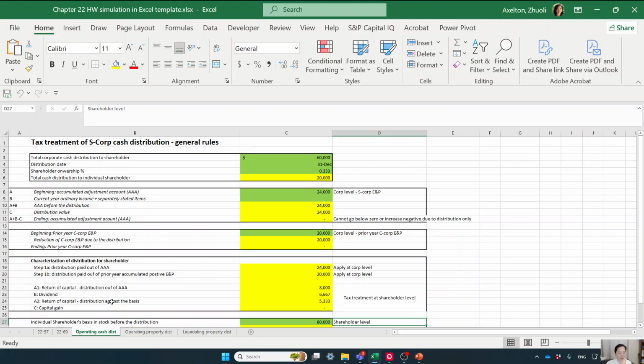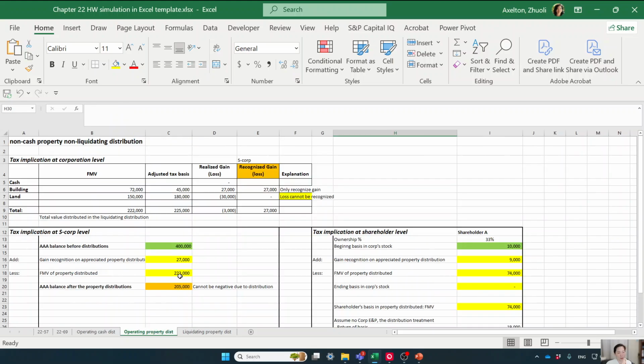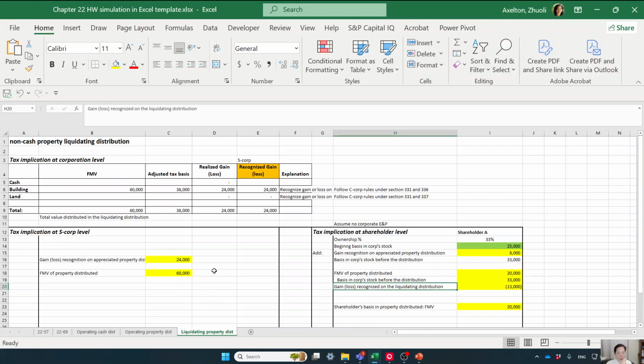So again, the 3 tabs are for your information: operating cash distribution, operating property distribution, and the liquidation property distribution. So for your information.